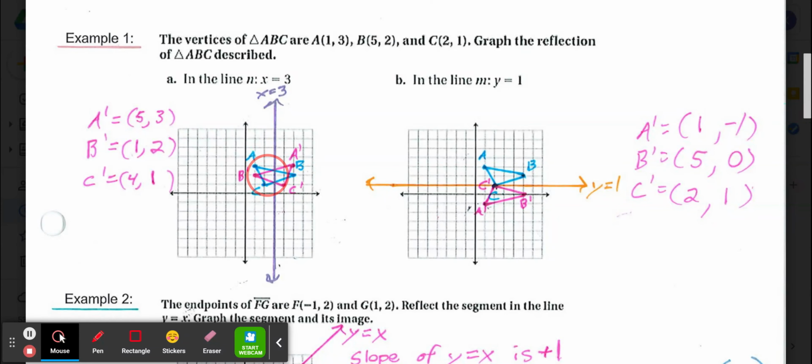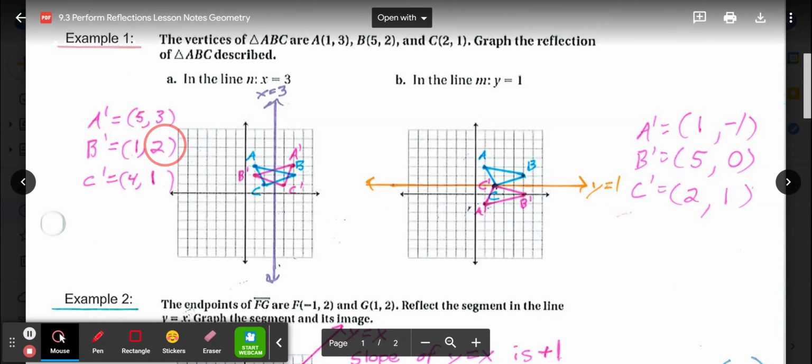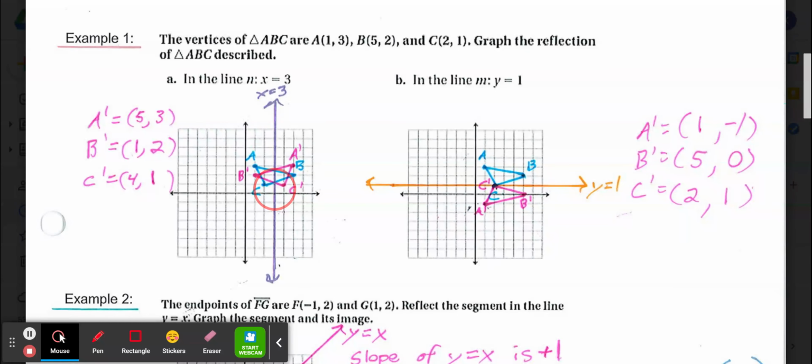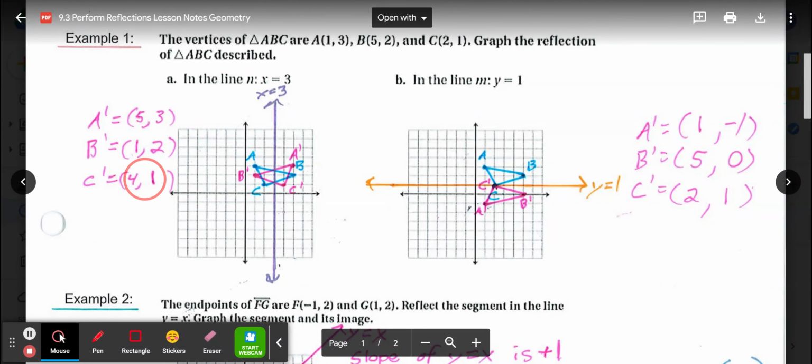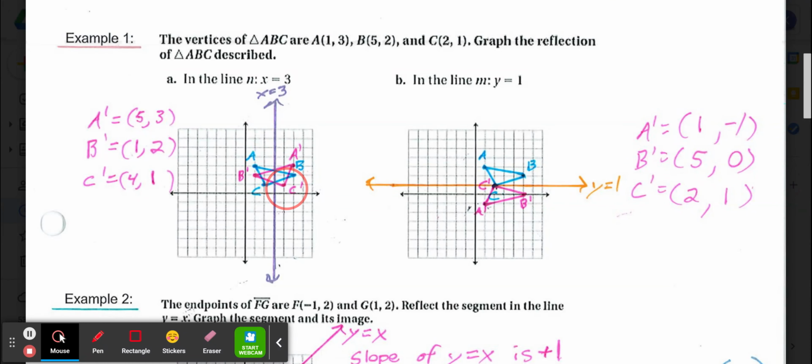So we would move it straight across 2 to the left, putting B prime at (1, 2). And for C, if C's original point is here at (2, 1), it's 1 away from our line, so we need to go 1 to the other side, and C prime would be at (4, 1). Then we redraw the segments, connecting A prime, B prime, and C prime, and we would have our reflected triangle.